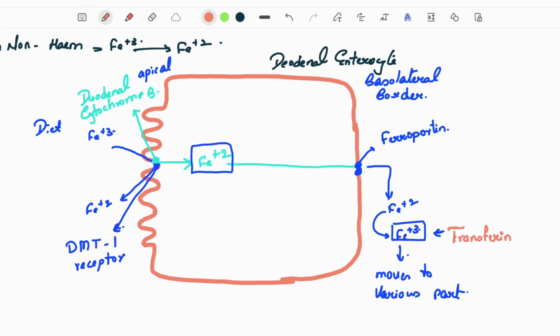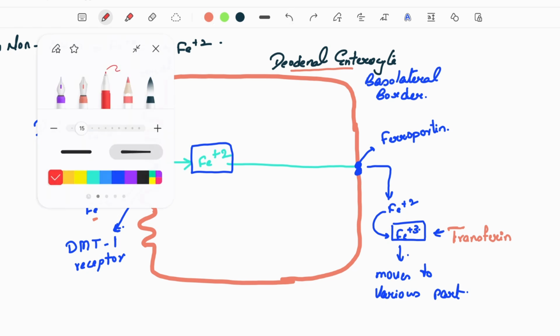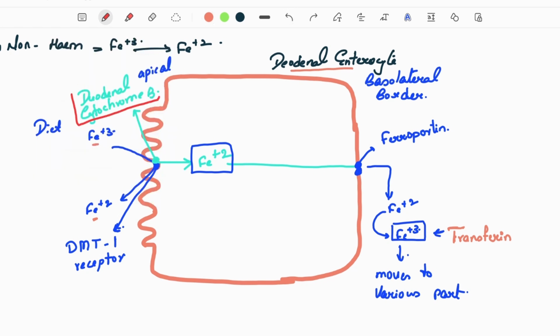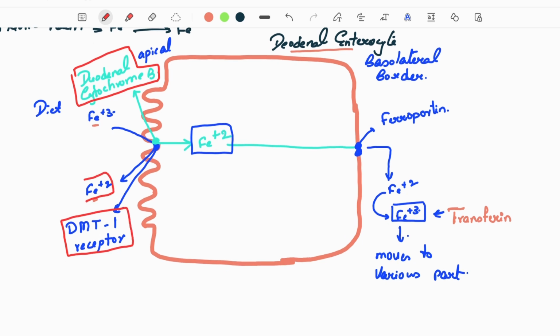This is the villi of the duodenum, or duodenal enterocyte. Here Fe3+ is converted into Fe2+ with the help of an enzyme, duodenal cytochrome B. Okay, and with the help of a receptor called divalent metal transporter, the Fe2+, like ferrous, is transported into the duodenal enterocyte.